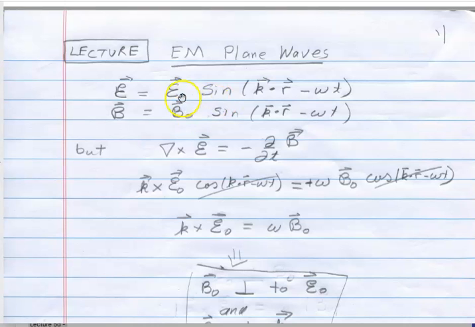And what I'll do is simply plug these two into the Maxwell equation that was the curl of E is equal to minus the partial of B with respect to t.